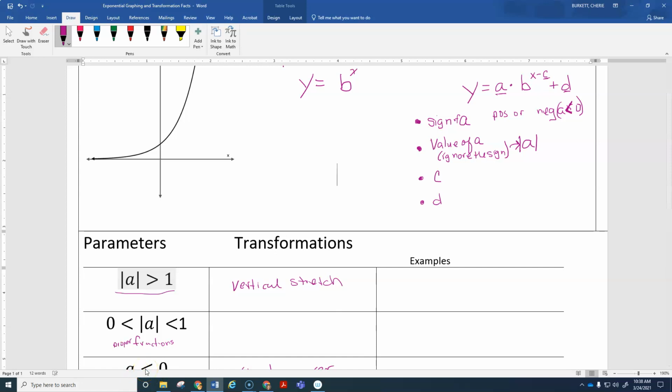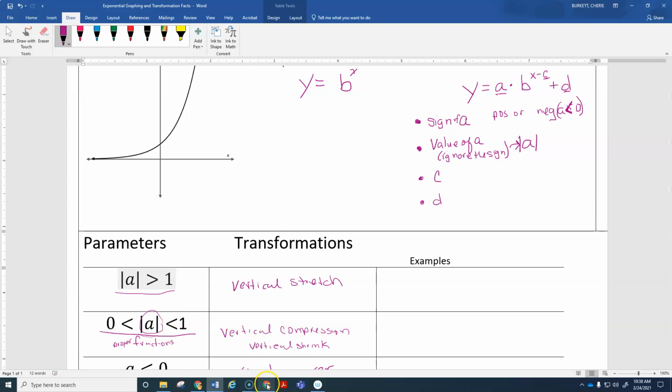So when you see the notation that has A being between 0 and 1, they're talking about a fraction. So when A is a fraction, you're going to have a vertical compression, and a vertical compression might also be called a vertical shrink.